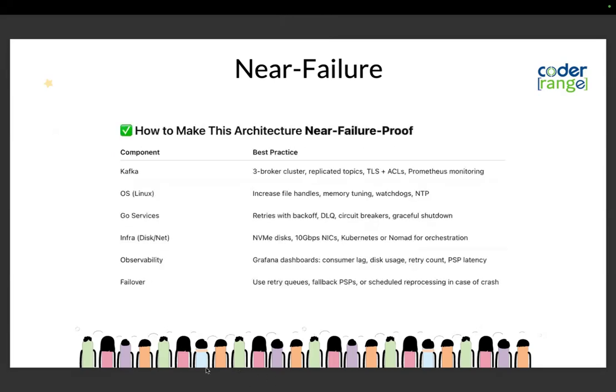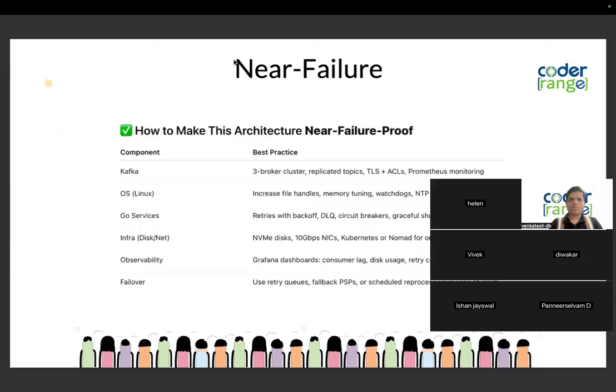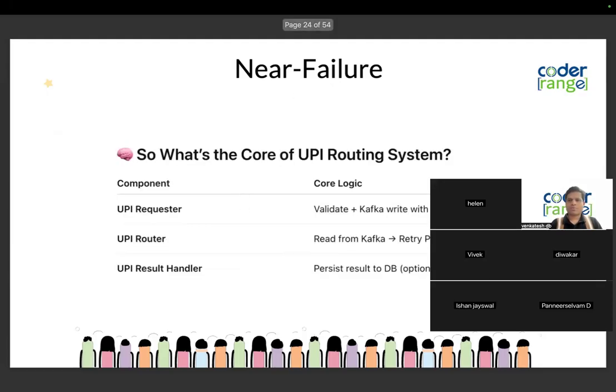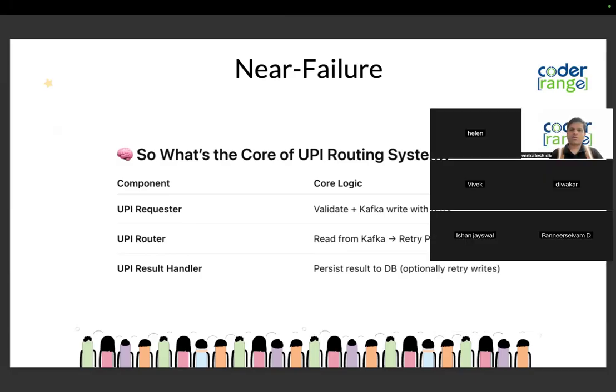Yes, Venkatesh, question. If you go back to the previous slide. So each one is a service here, right? UPI requester is one microservice, router is one service, and result handler is one service.